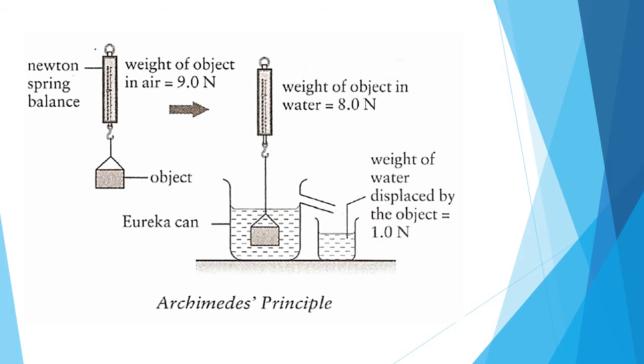So where is the other 1 Newton? The weight of water displaced by the object is 1 Newton. So the water displaced by a body equals the weight lost by that body. Okay, so this explains the Archimedes principle. It will give you the upthrust from the water.